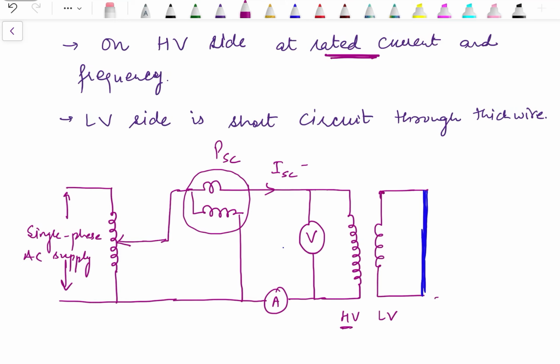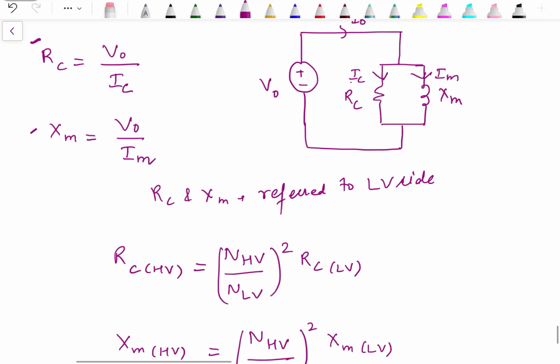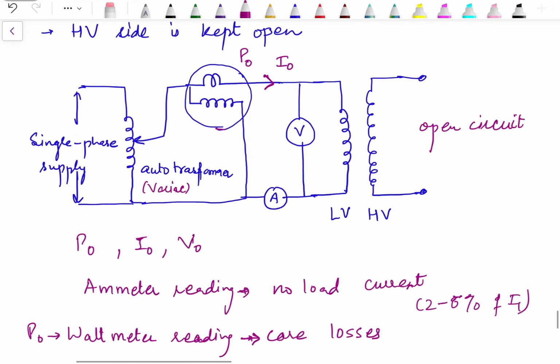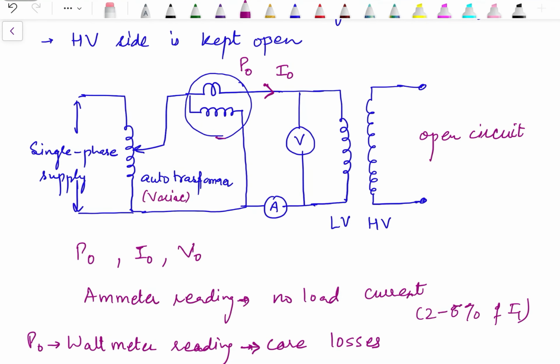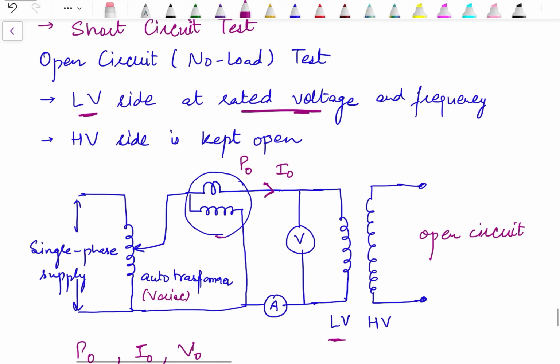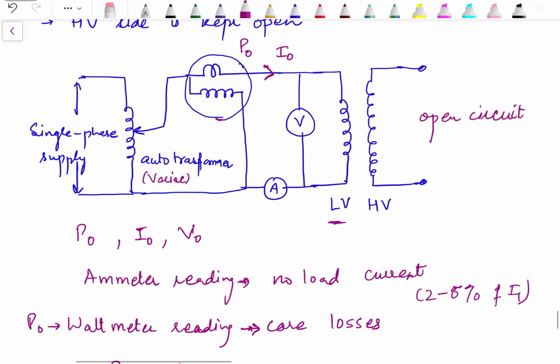So we connect the measuring instruments on the side where the current is less, and the same is the reason for conducting the open circuit test on the low voltage side. Low voltage side, lower voltage. Since we are going to perform it at rated voltage, we need the equipment corresponding to the lower voltage range, not according to the higher voltage range.